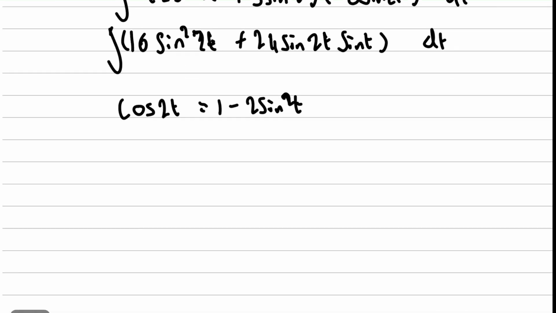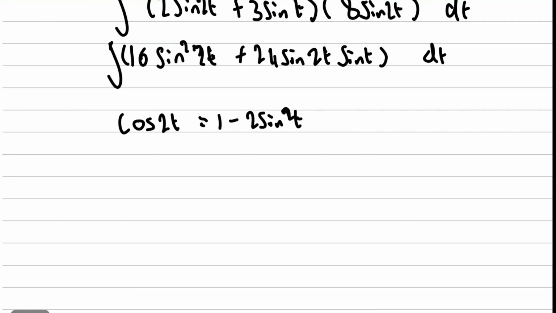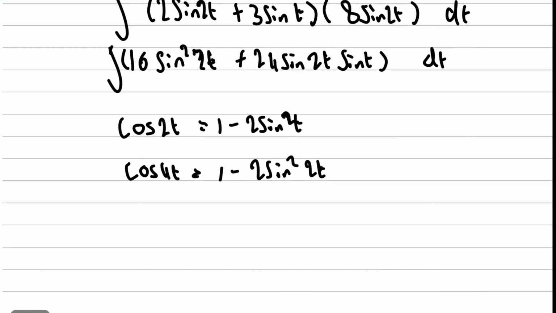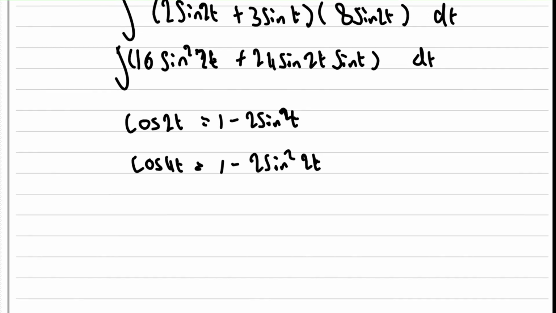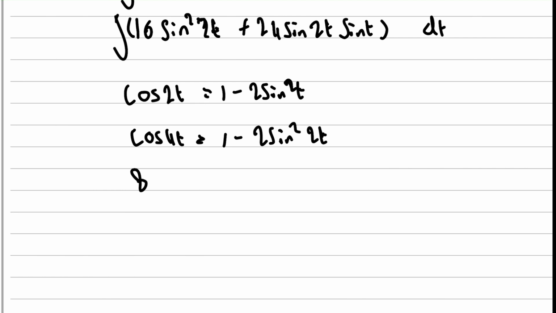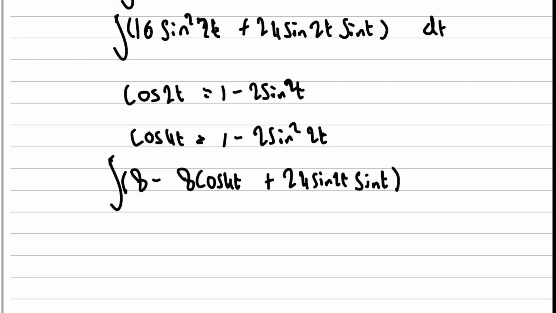Now for cos 4t, we can say it's 1 minus 2 sine squared 2t. So I can sub that in now. So if I plug that in, we're going to be left with the integral of 8 minus 8 cos 4t plus 24 sine 2t sine t.